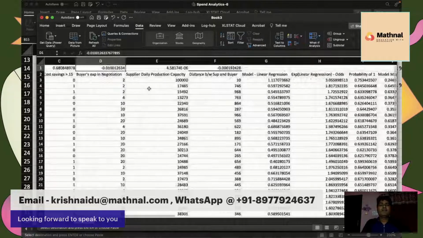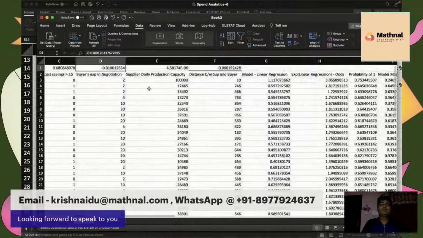So p by 1 minus p has an exponential distribution, and log natural of p by 1 minus p is a linear distribution, right? That is the reason why we are converting e to the power a plus bx equal to p by 1 minus p into the log natural form, because we want to analyze the linear model, not the exponential model. This is what we are doing here.